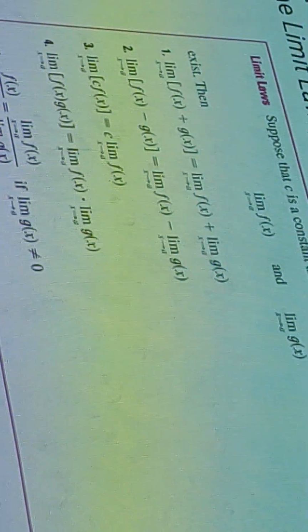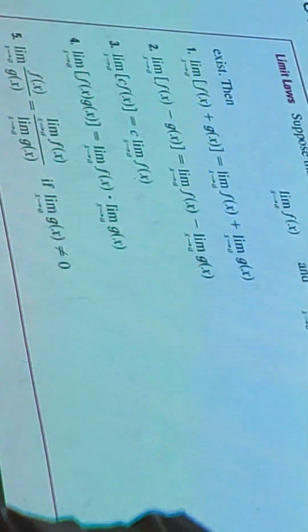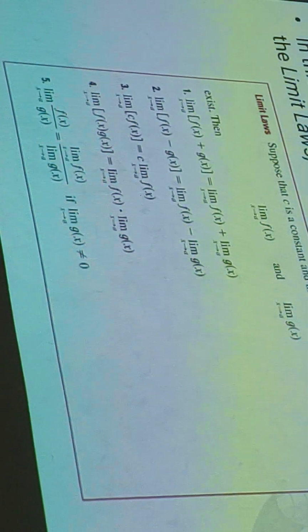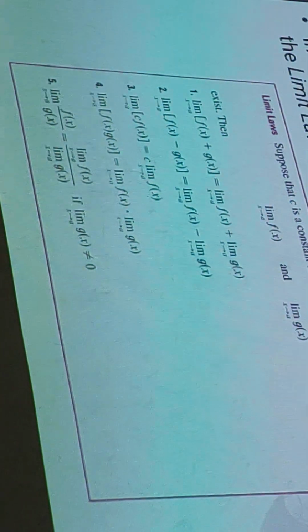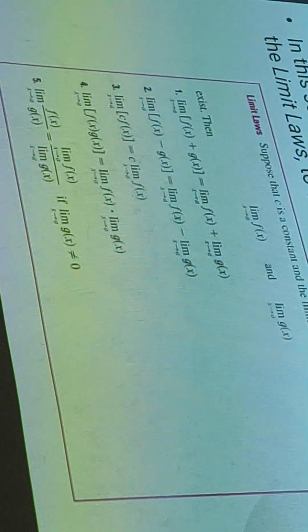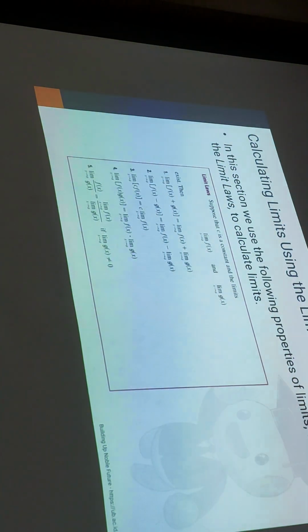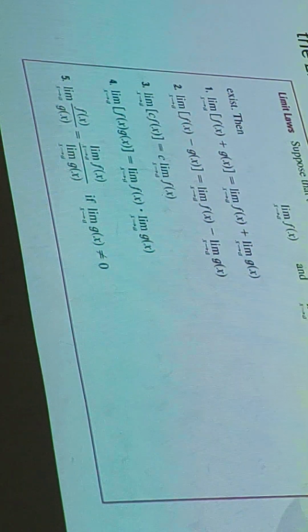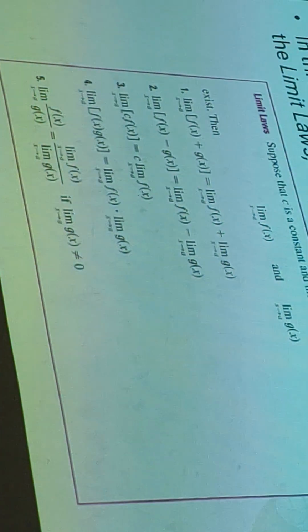Why do we use limits? Because sometimes we face an equation that does not have an exact value. For example, the solution is near some exact value, near 2, near 3, near 4, but not exactly 2 or exactly 3 for the solution.